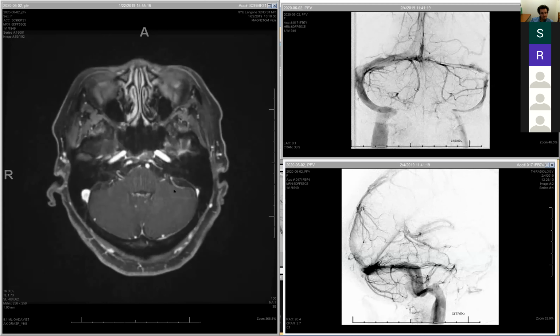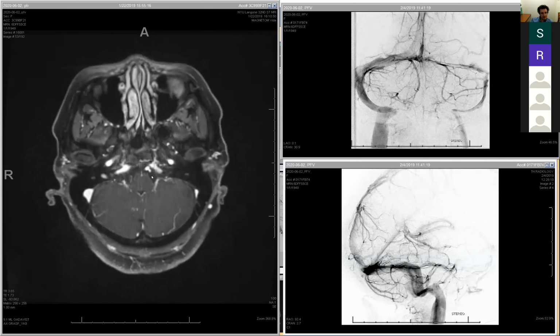Down here, in this area, you see these veins. This is the veins of the lateral recess of the fourth ventricle. Also, in the surgical nomenclature, that's the cerebellomedullary recess or cerebellomedullary fissure right here.